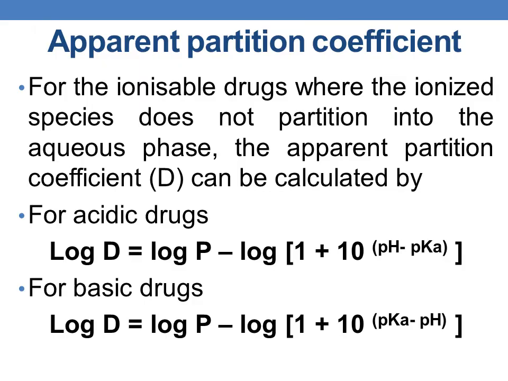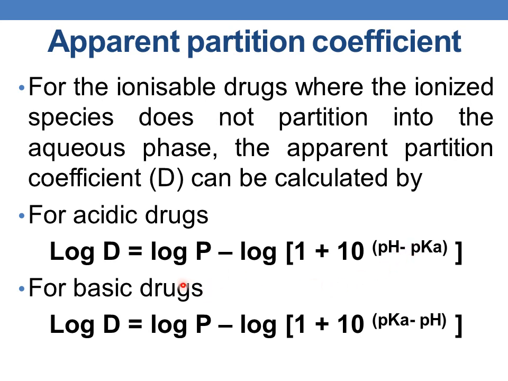Now coming to apparent partition coefficient. For ionizable drugs where the ionized species does not partition into the organic phase, in such cases the apparent partition coefficient can be calculated by the following formula. For acidic drugs, the apparent partition coefficient, log D, is equal to log P minus log of 1 plus 10 to the power of pH minus pKa.